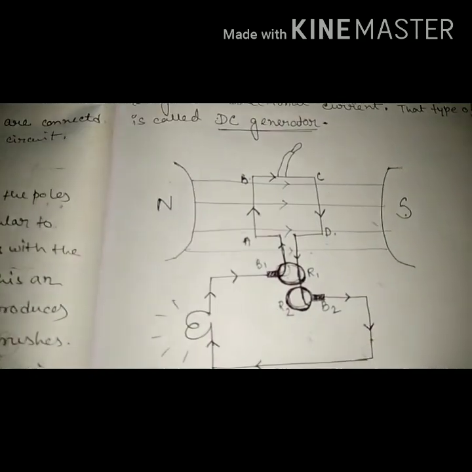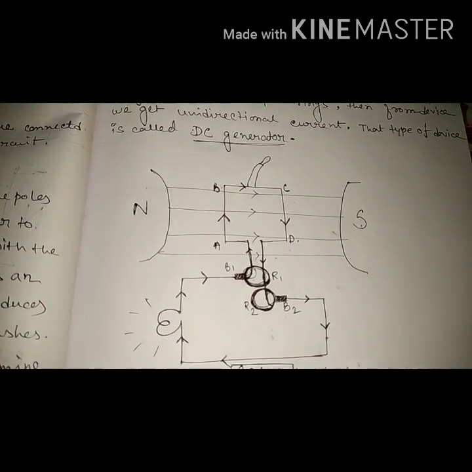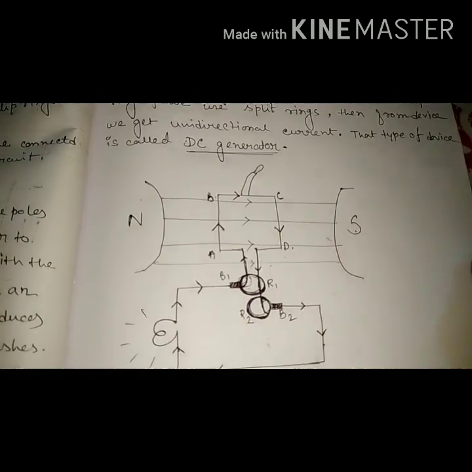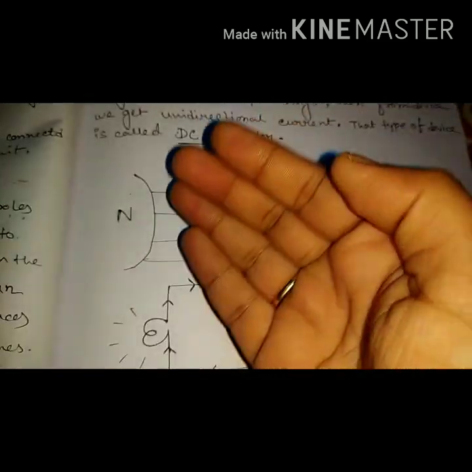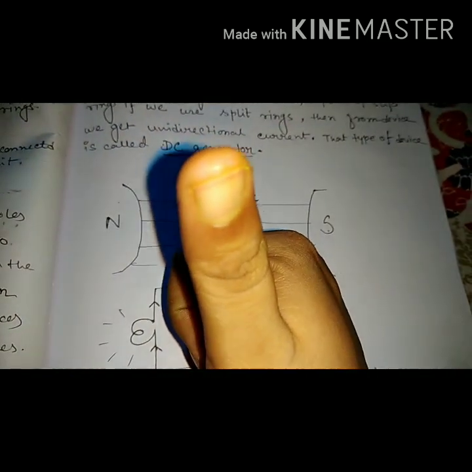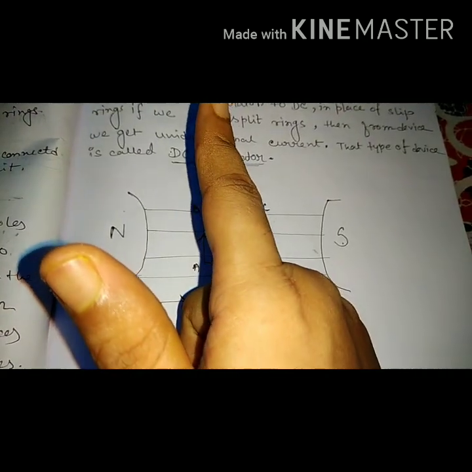Now in which direction is current induced? Using Fleming's right hand rule. The force is in the upward direction, so the thumb represents force, and the forefinger represents the magnetic field this side.